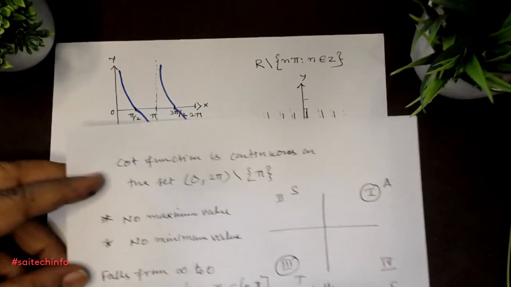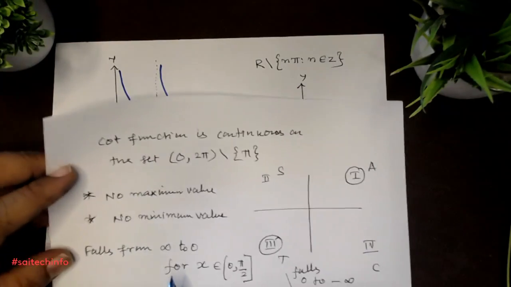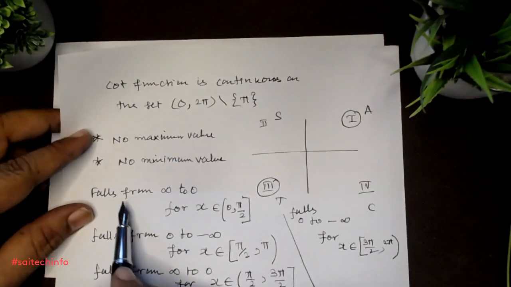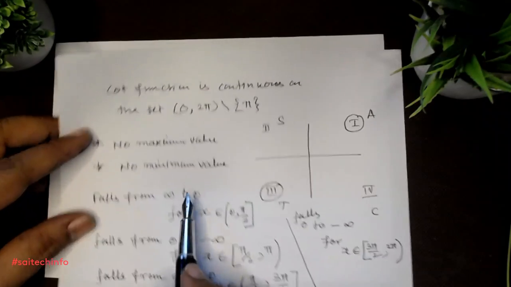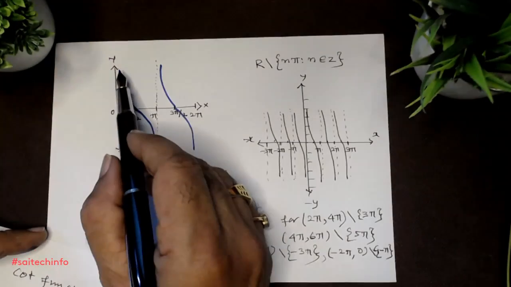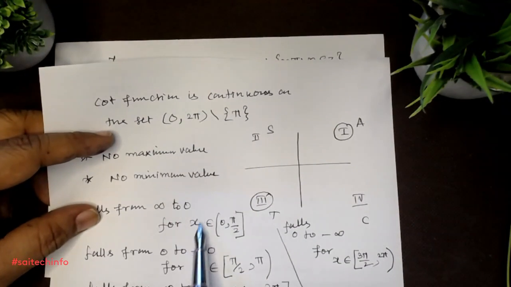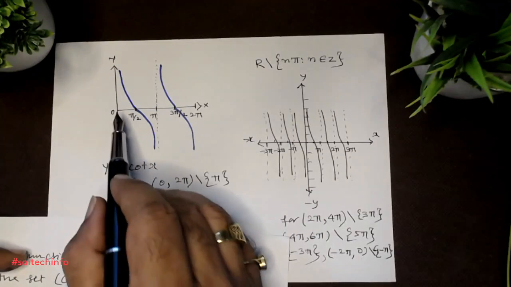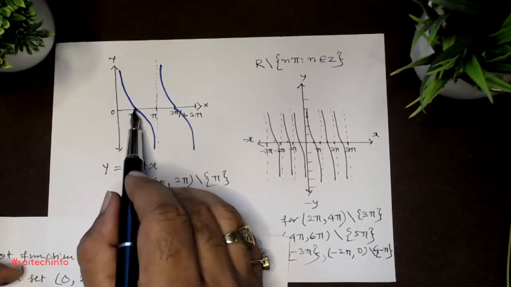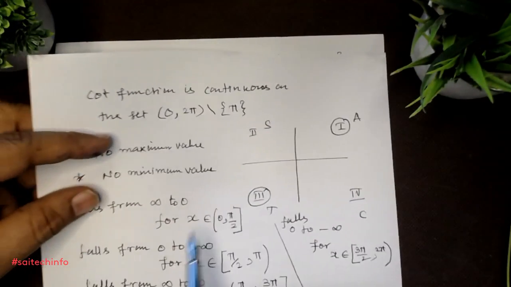See that it falls from infinity to 0 for x in the interval 0 to pi by 2.